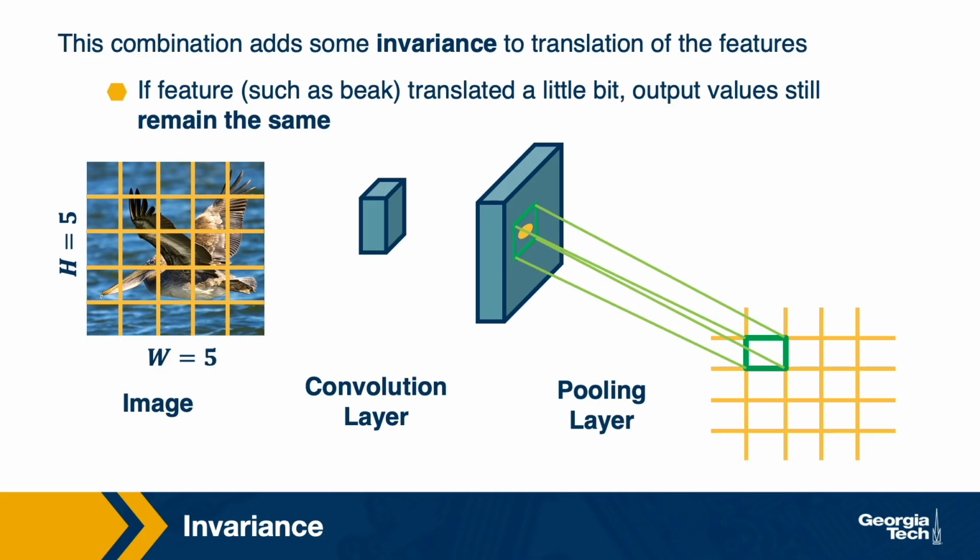But if we move within the pooling window, that is, as long as the movement is not much larger than the size of the pooling window, then the max across that window will still be the same. And so if there's a high value there because there was a beak there, then we'll still, after pooling, have a high value. And so movements, at least slight movements, of the features themselves in the input image will result in the same exact value in the output map. This is what's called invariance.